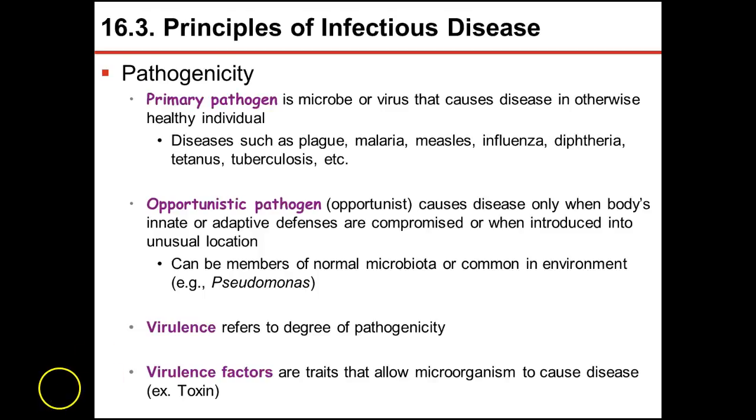This is going to tell us how fast they're able to cause disease in a person, and not necessarily how fast, but what exact molecular mechanisms are involved for it to actually cause the disease. And so those mechanisms are what we call virulence factors, and so we'll be talking about a lot of virulence factors as we go through the rest of the chapters in this semester.